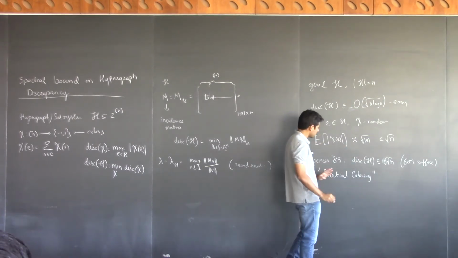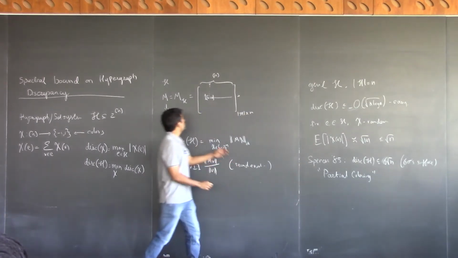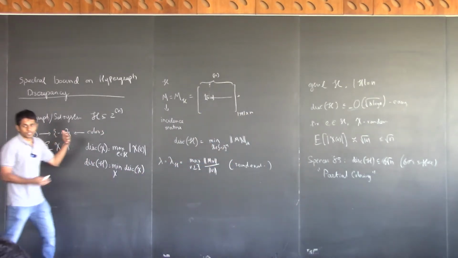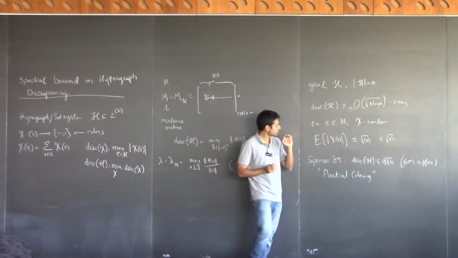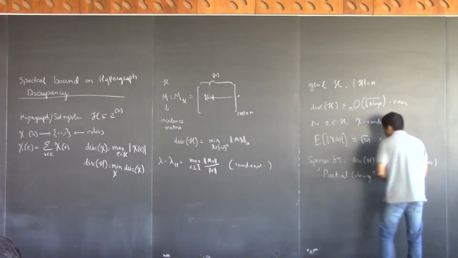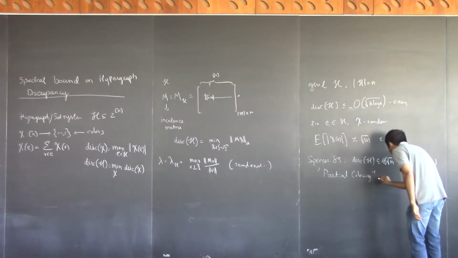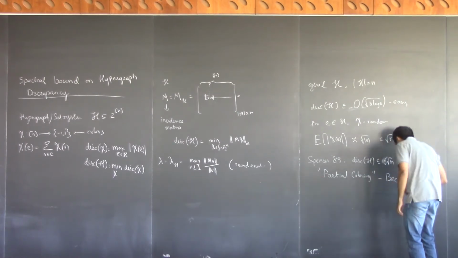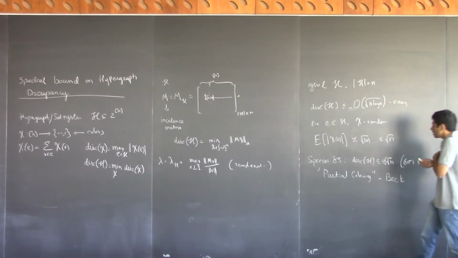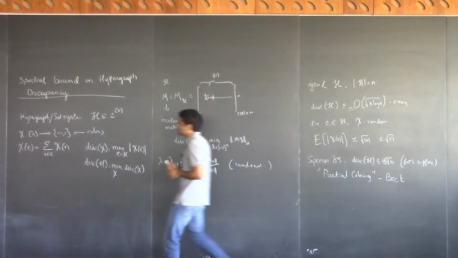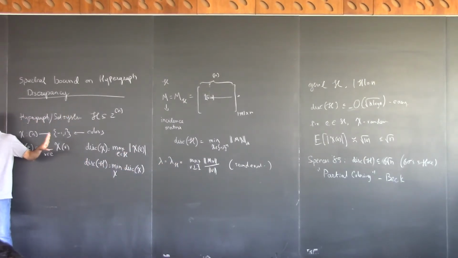I'll get back to this in detail later, but partial coloring essentially means you color the vertices in stages. At every stage, say you color half of the remaining uncolored vertices, and somehow make sure the discrepancy doesn't go much beyond. It uses a partial coloring lemma, which I guess is attributed to Beck. I'm not sure when, but this is attributed to Beck. We'll come back to it. Any questions so far?